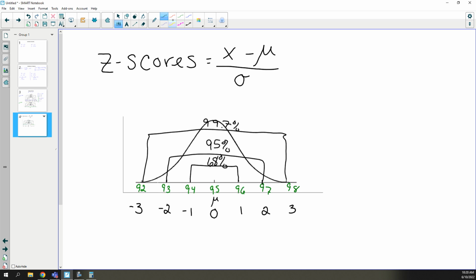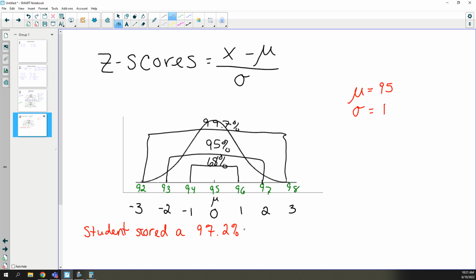So for example, in this case, the mean was 95 and the standard deviation was 1. So what if I asked you, what would the z-score be if a student scored a 97.2% on their test?